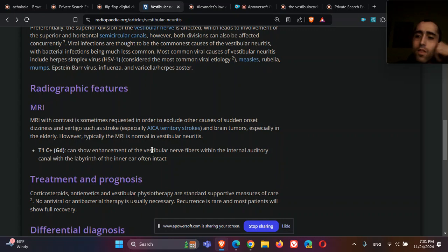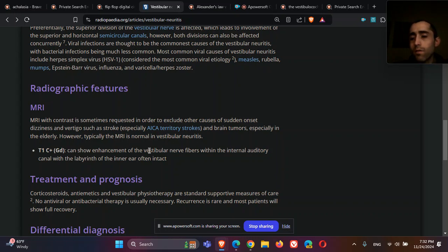For example, think about a 70-year-old patient with atherosclerosis, hypertension, and diabetes who comes to the emergency department with acute onset of sudden severe vertigo that is not like BPPV. It's not totally position dependent and does not go away after one or two minutes or even less. So it's not BPPV.